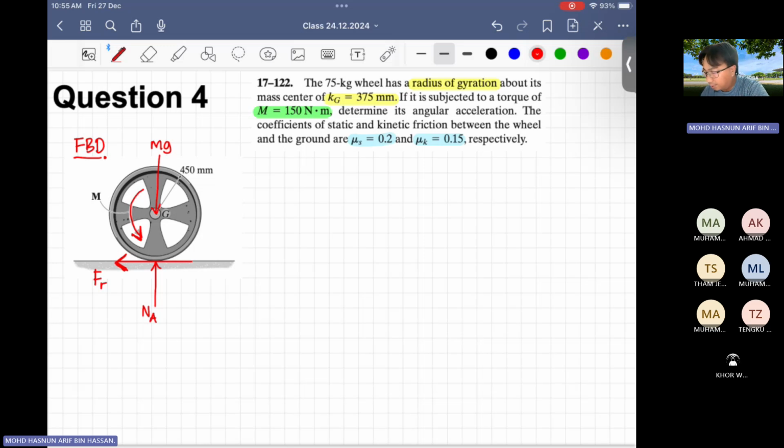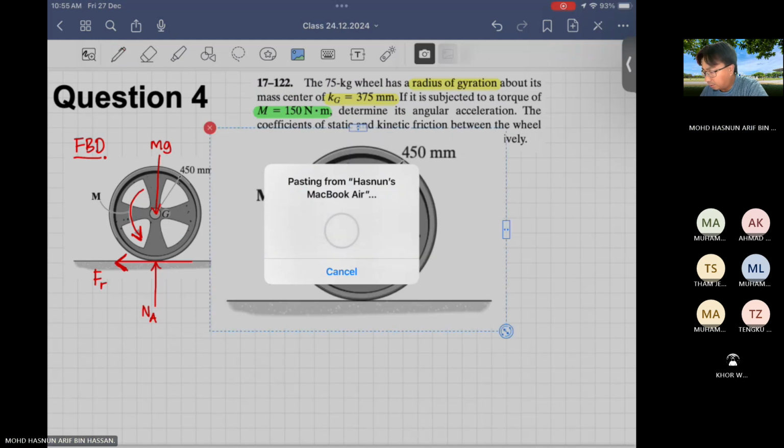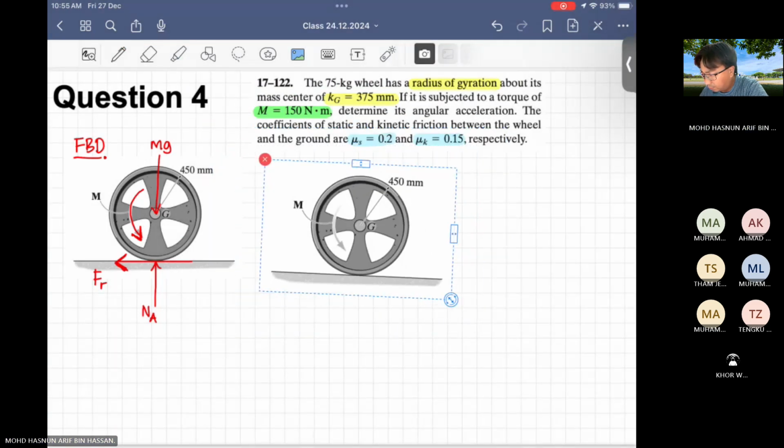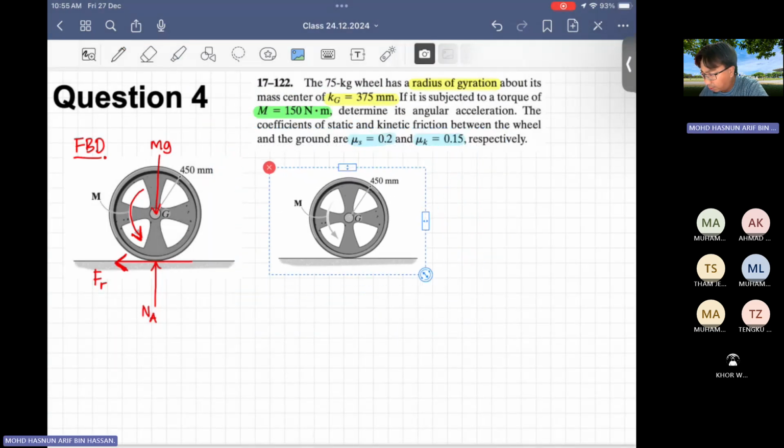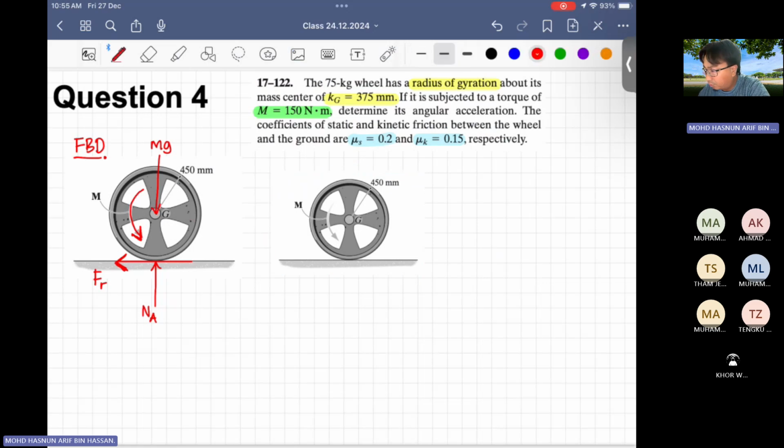And then we're going to draw the kinetic diagram. Okay, I will paste the same figure here. So this will be our kinetic diagram, KD. Okay, how many arrows do we have in the kinetic diagram? Is the object moving to the left? We have a left motion here, so there will be an arrow pointing to the left. This will be MAX.